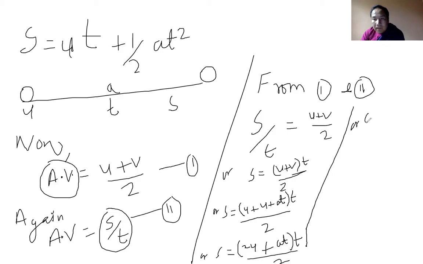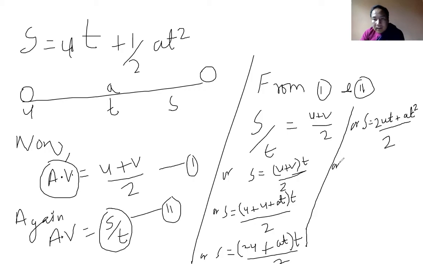Or s equal to, now multiply by this t inside the bracket, so it becomes 2ut plus, when at and t multiply it becomes at square, by 2.